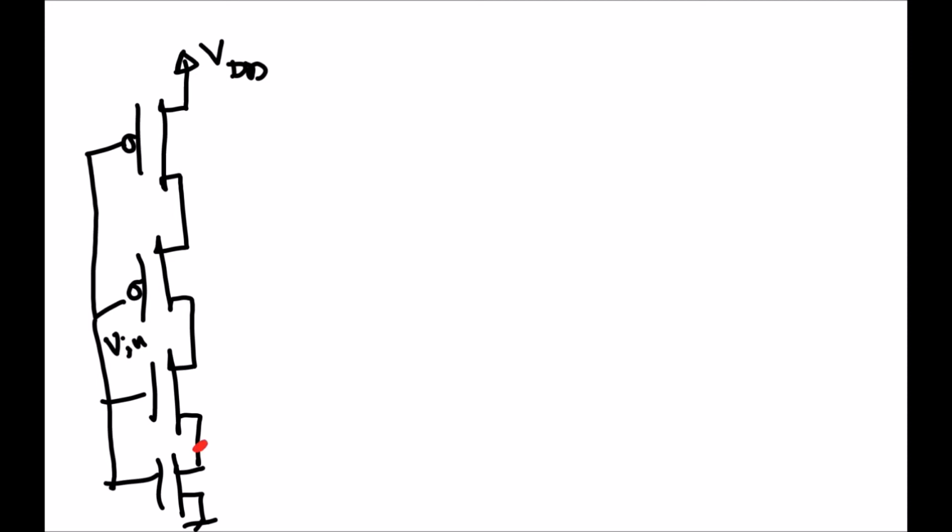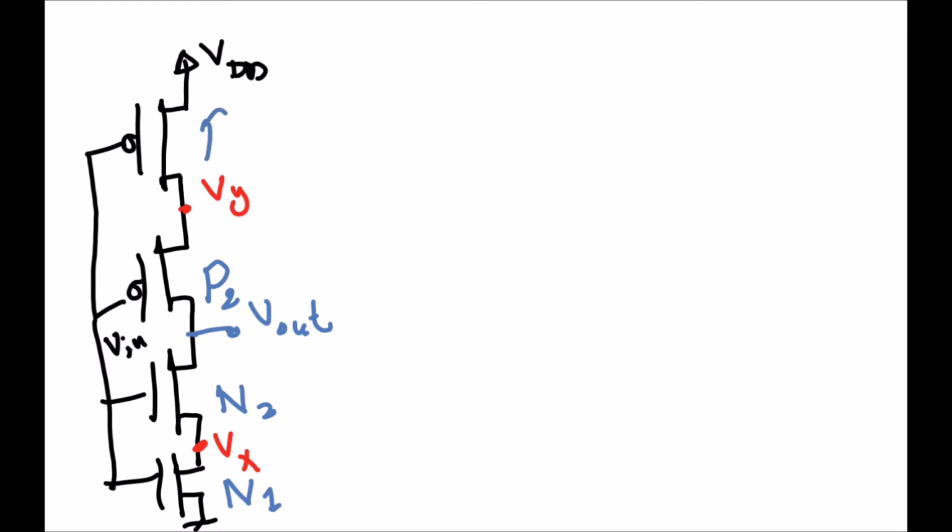Now there are two important points here, Vx and Vy. We will see when we have the complete circuit why we use them, and also we have the normal V output. Let's call this N1 NMOS, N2, P2, this is analogous to N2, and P1.